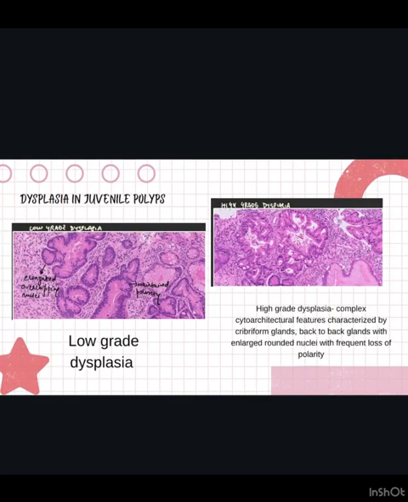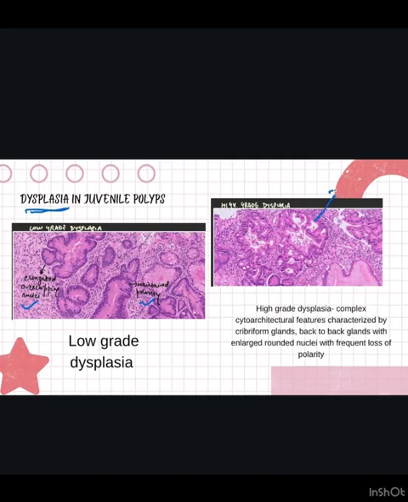Now juvenile polyps also display dysplasia. In low grade dysplasia, as you can see here, there are elongated overlapping nuclei, but the polarity of the cells is maintained. But in high grade dysplasia, it is in a very complex cytological architecture. There is usually cribriform and back-to-back glands.